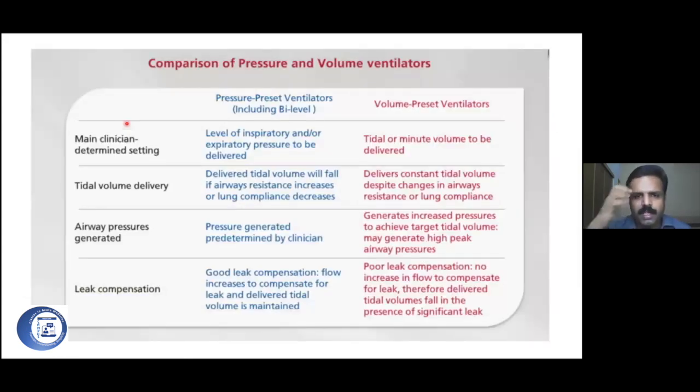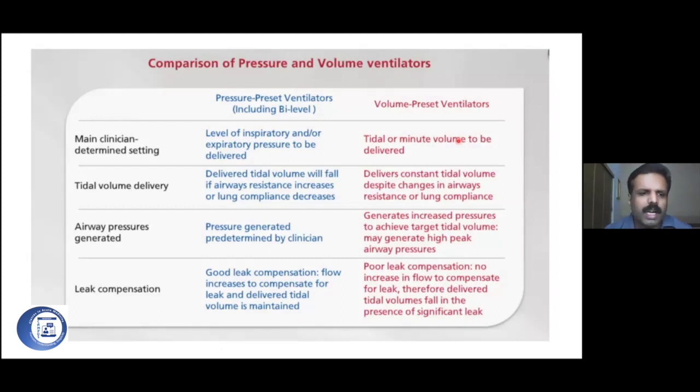The main difference between the pressure and the volume control ventilators, which we have discussed already during the mechanical ventilation class: here the clinician is determining the pressure in the pressure control, and the tidal volume will be varying. Here the clinician is determining the tidal volume and the minute ventilation.